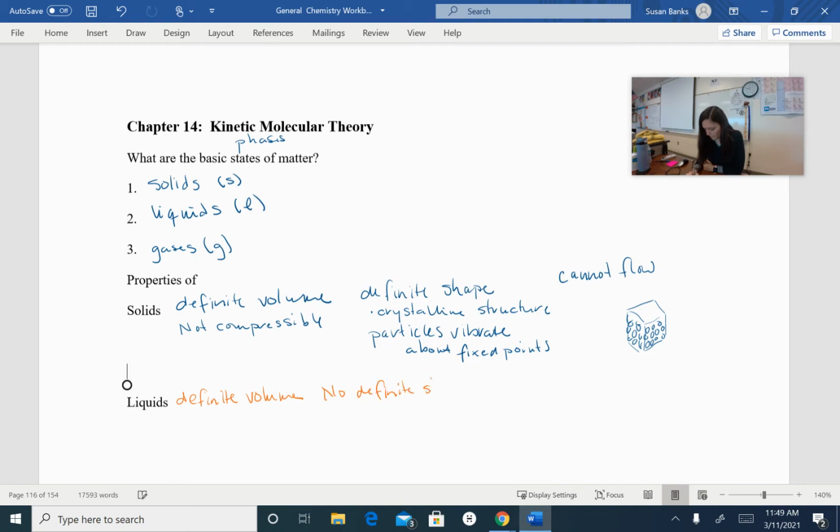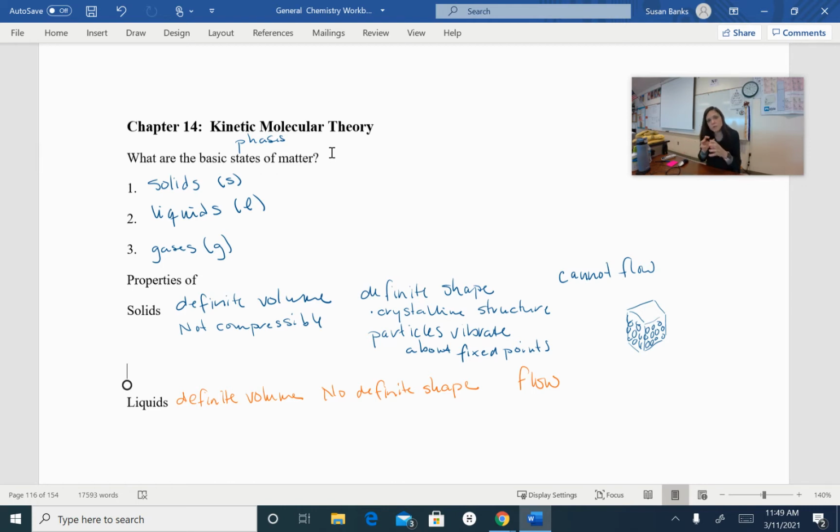That is because those molecules can slide past each other, meaning that they can flow. So liquids flow. Okay, so there's no crystalline structure. And because those molecules can slide past each other, it means that the particles are moving around each other.